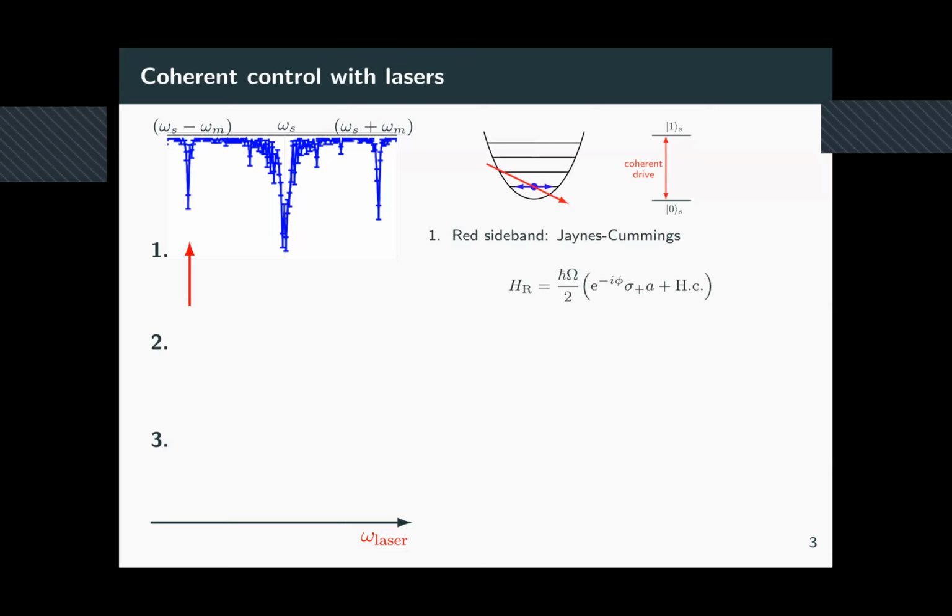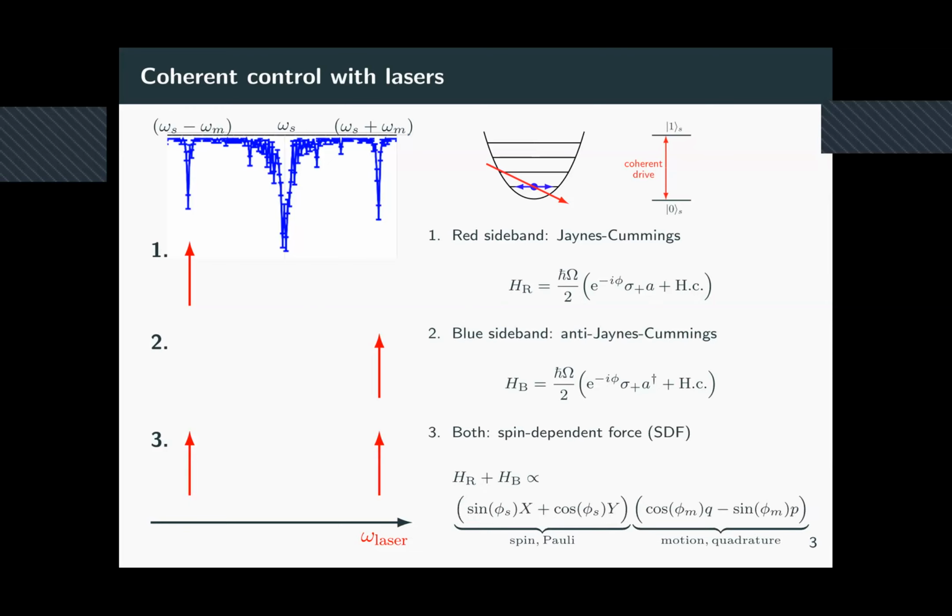This gives us our basic Hamiltonians coupled to the motional oscillator state. We have what we call the red sideband, which is a Jaynes-Cummings Hamiltonian, and that couples the spin and motional systems in an energy-conserving way. And then we have what we call the blue sideband, which is an anti-Jaynes-Cummings Hamiltonian.